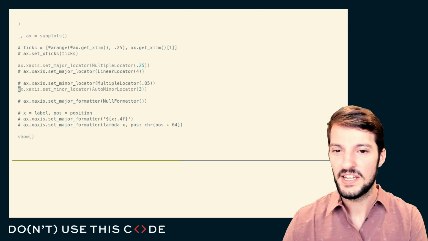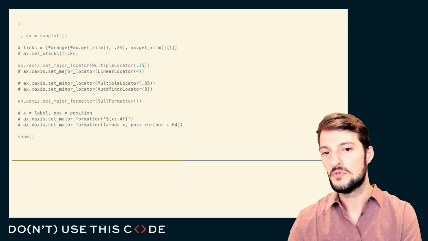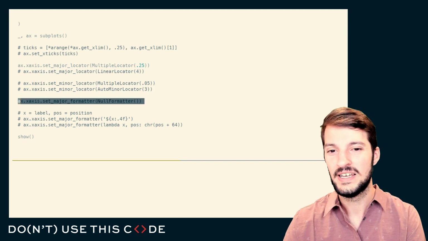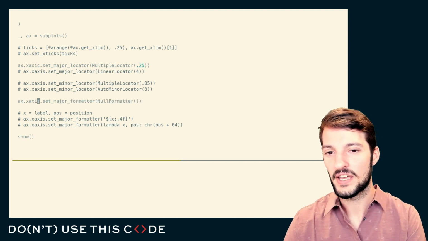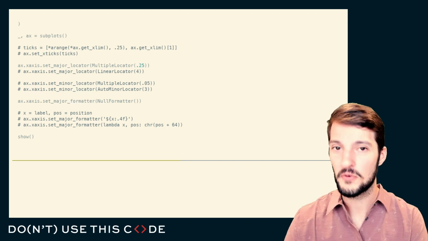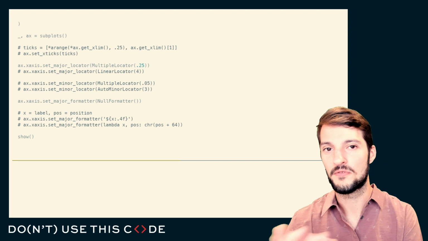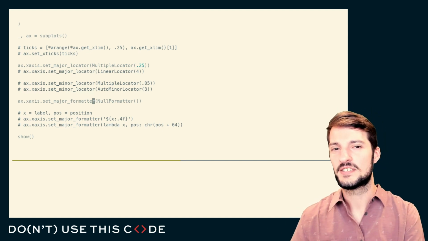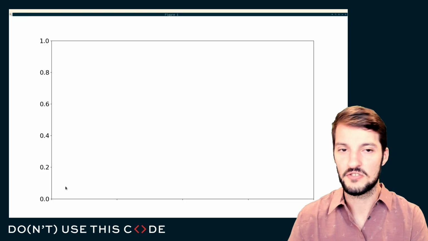Additionally, you can play around with the formatting of your labels. You can provide not just a locator, but a set major formatter, and this will format the tick labels of your x-axis in this case. I can use a null formatter to just remove the labels.